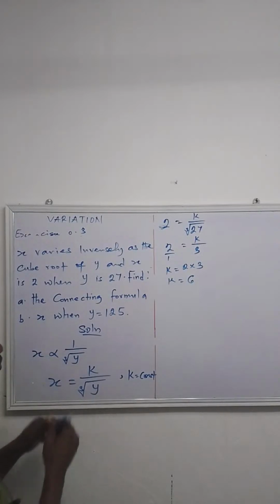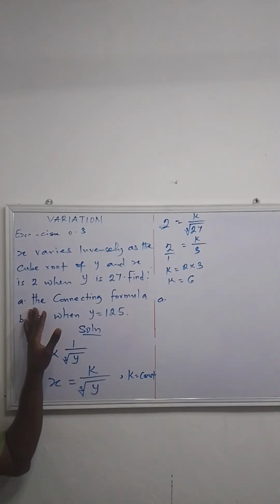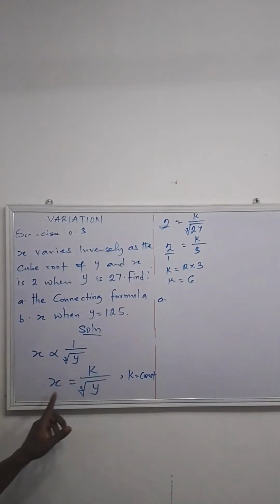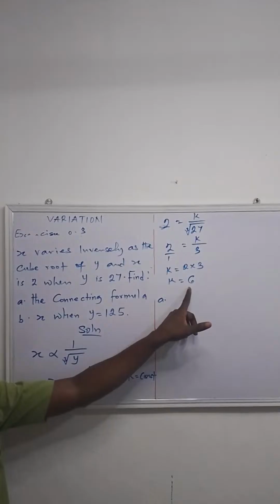Then to answer the first part of the question, because the question wants us to find the connecting formula, you come to this equation we have here. You just change the constants to what you have here.